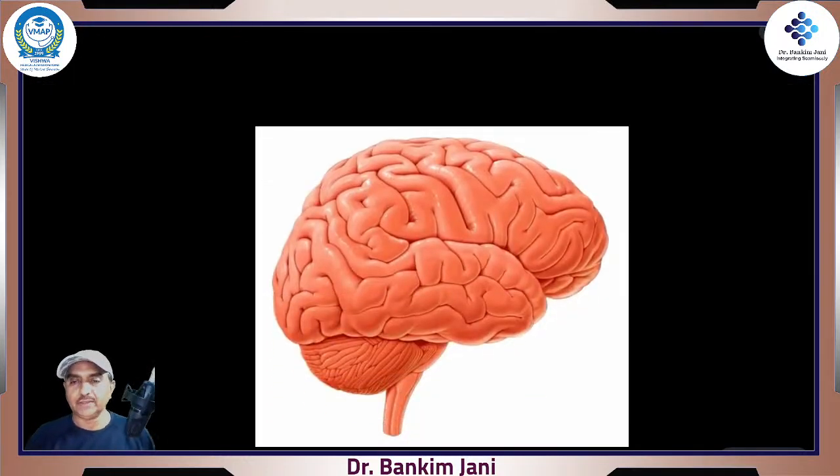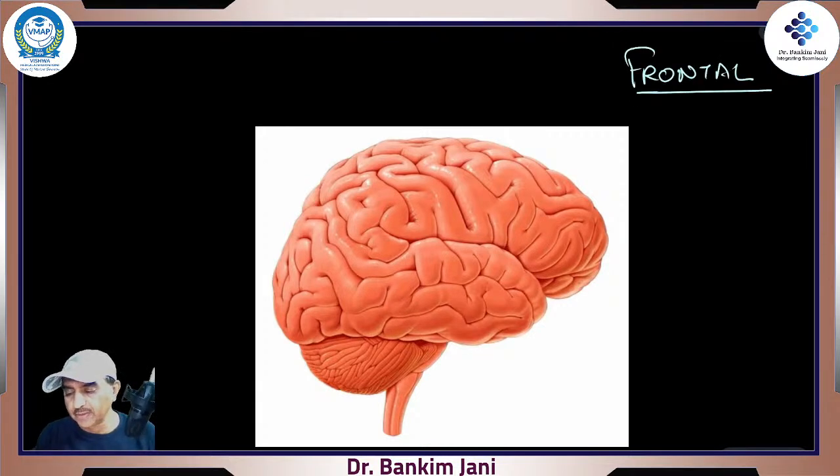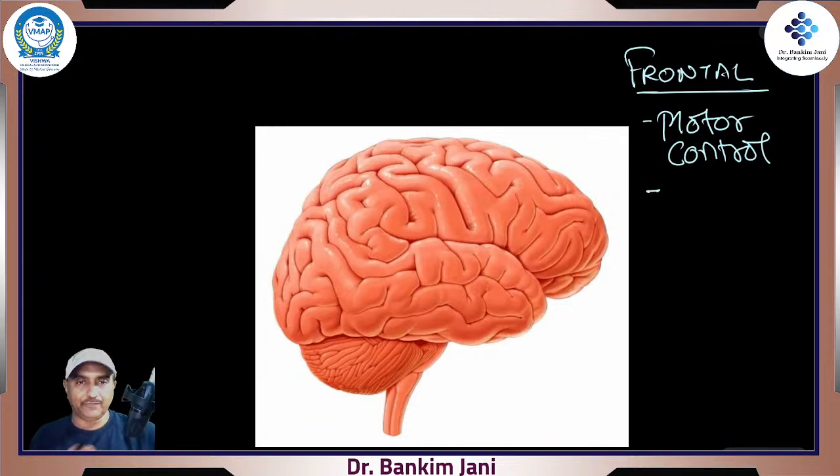So here is our lateral view. And when we say frontal, what is its importance? Is it so important? The list is enormous. First, it gives you the motor control, that is all the muscle movements, they are with this.